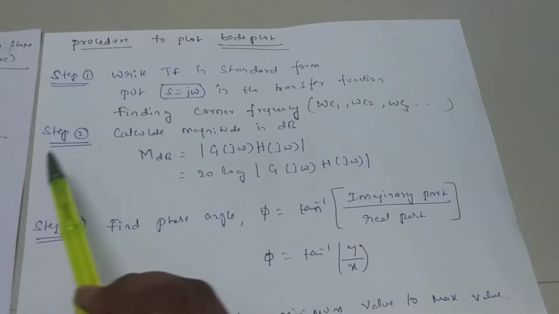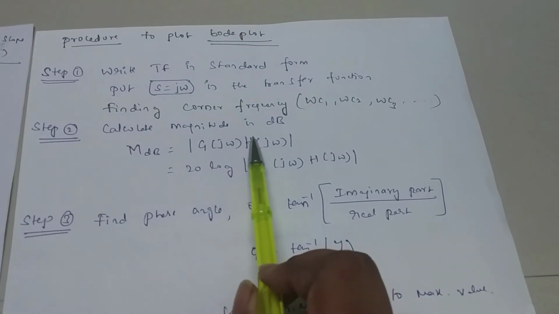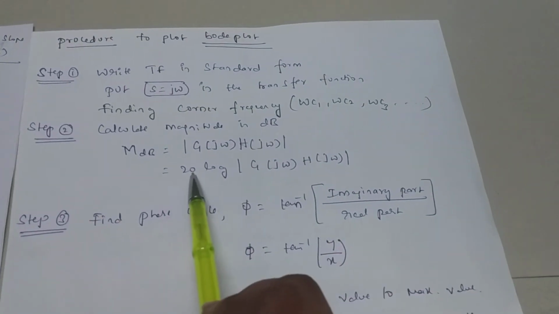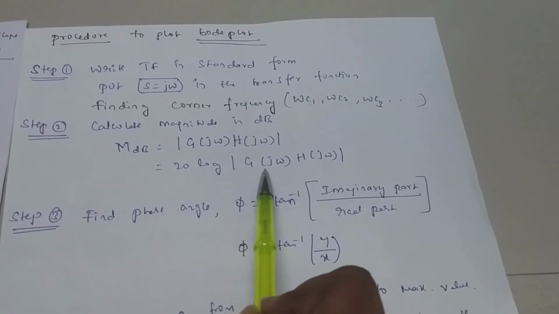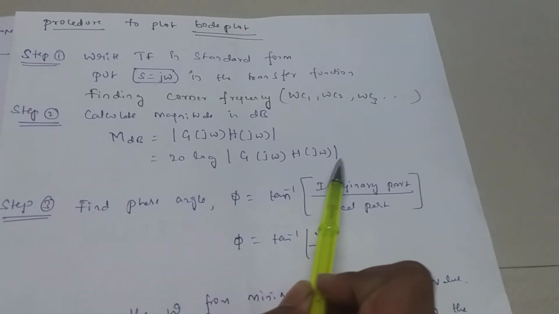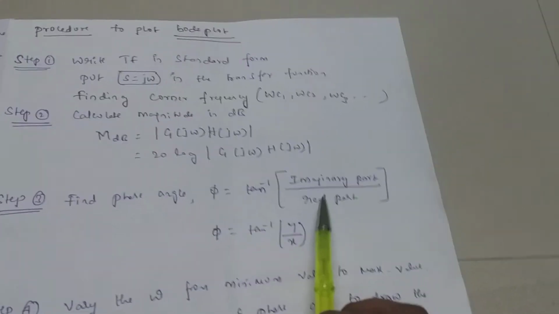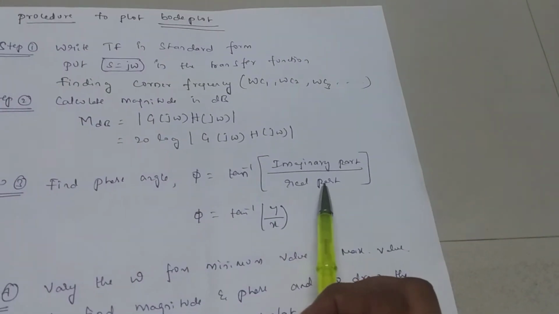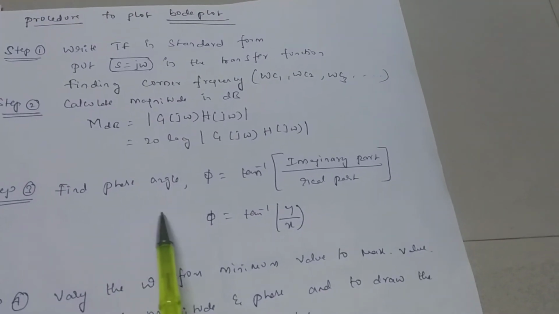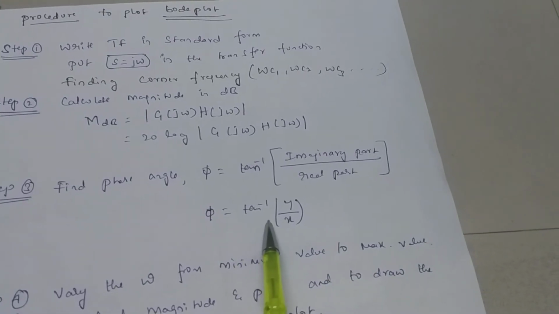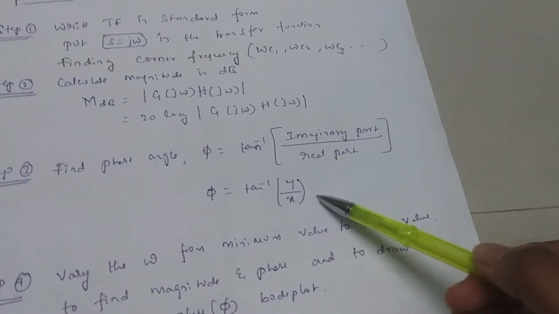Step 2 is calculating the magnitude in dB, which means 20 log of G of s into H of s. Similarly, for finding the phase angle, the phase angle is tan inverse of the imaginary part by the real part. That is, if it is the root of x square plus y square, we take tan inverse of y by x.